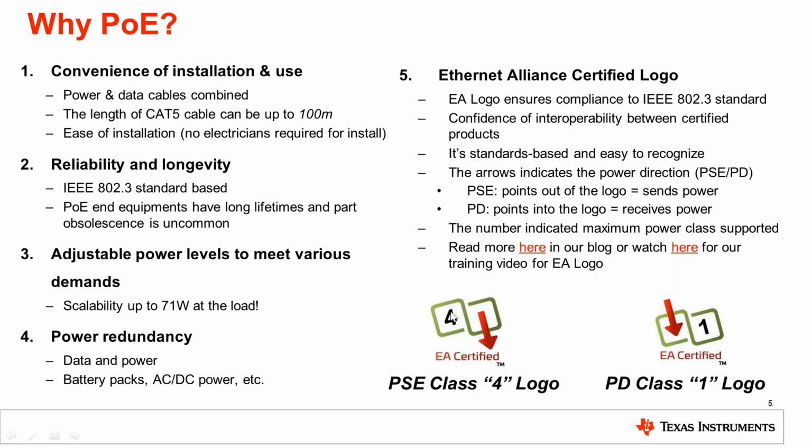So class 4 power level represents 30 watts. This says I can send 30 watts per port. This logo over here says I'm a class 1 PD. I want to receive power. As long as this power level is less than over here, you can go ahead and plug in these end equipment, and they're guaranteed to interoperate, which is one of the beautiful things of having the EA certified logo.